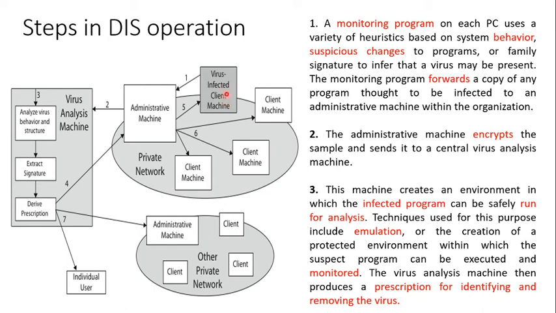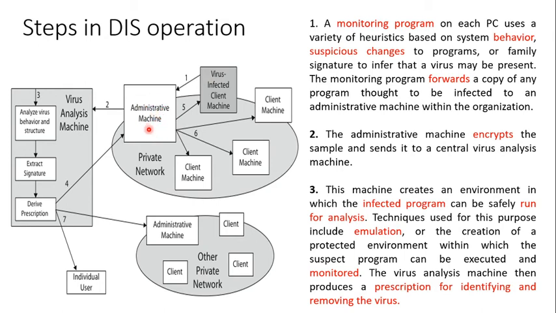Based on that, my device will be considered a machine infected by the virus. From that, I will forward a copy of the program which is actually corrupted, which is actually damaged. A copy of that damaged file will be transferred to this administrative machine.